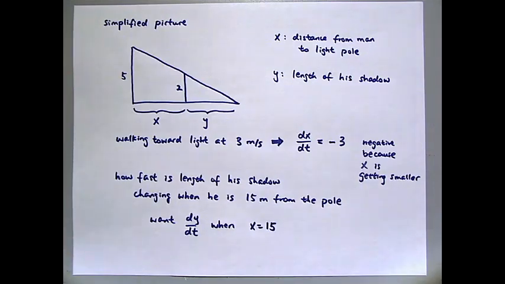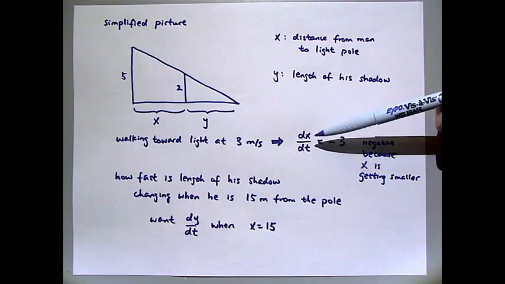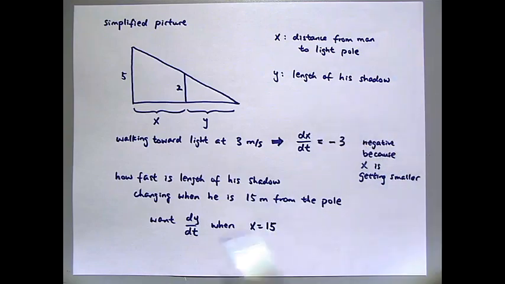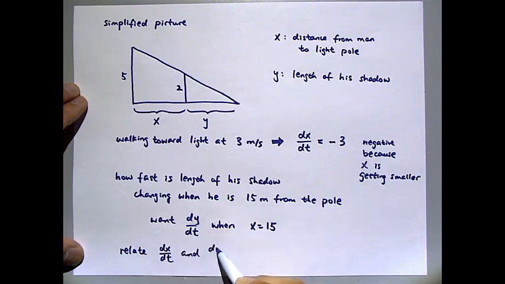Okay, so we know the rate of change of his distance from the light. We would like to relate that rate to the rate of change of the length of his shadow. Once again, the common thing of these related rates: you know the rate of something, you're trying to relate it to something else.